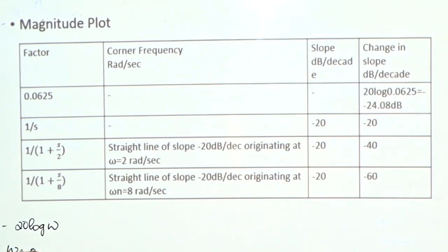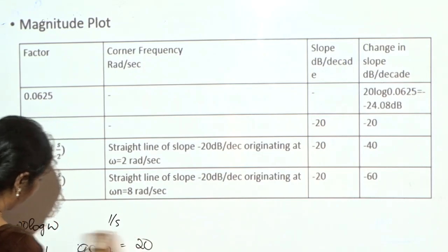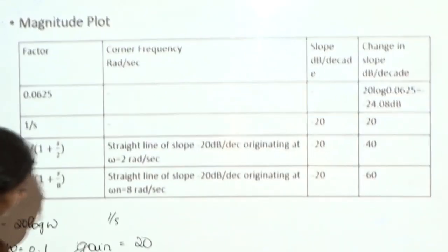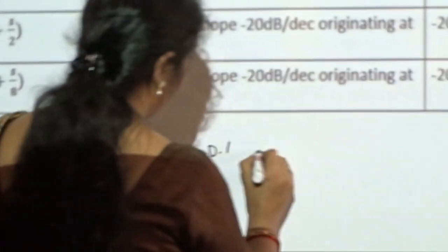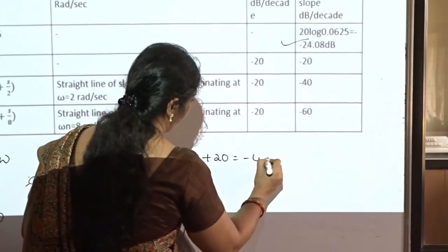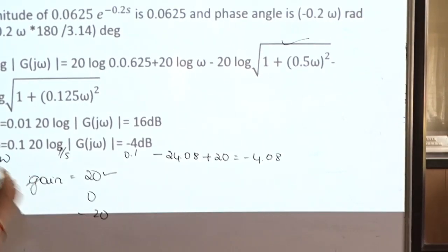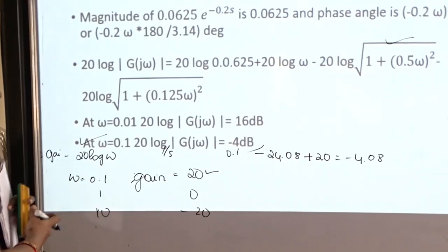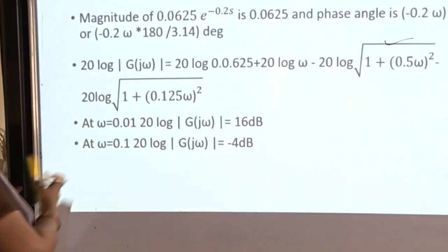At omega equal to 0.1, the gain from the 1 by s term is going to be 20. At 1 it is 0, at 10 it is minus 20. So at 0.1 we have minus 24.08 plus 20, so it is minus 4.08. That is what we got from calculating from this. At 0.1 the same value we have got. Looking either at the graph or from the equation, we can get the gain values.